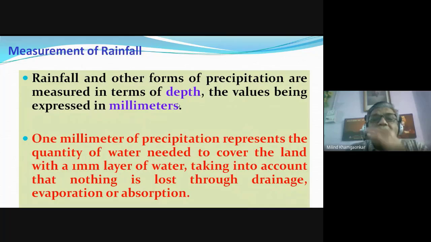So the rainfall is measured in terms of depth, and it is expressed in millimeters or in centimeters. 1 millimeter of precipitation represents the quantity of water needed to cover the land with a 1 millimeter layer or thickness of water, taking into account that nothing is lost through drainage, evaporation, or absorption.